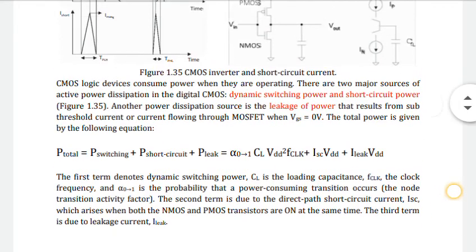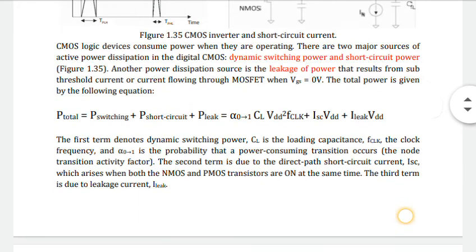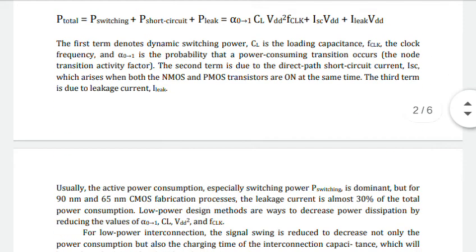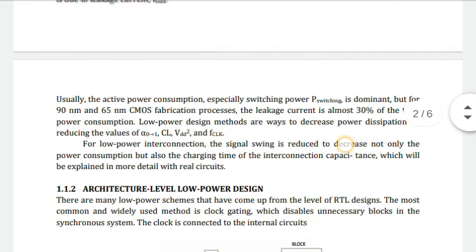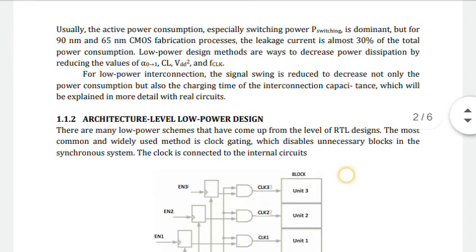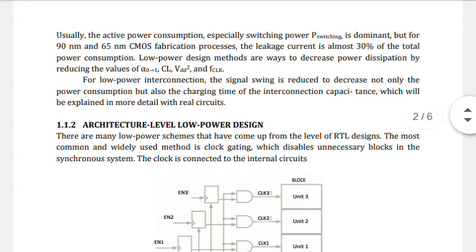The third term is due to the leakage current. Usually in active power consumption, the switching power P switching is dominant, but for 90 nanometer and 65 nanometer CMOS fabrication processes, the leakage current is almost 30% of the total power consumption.